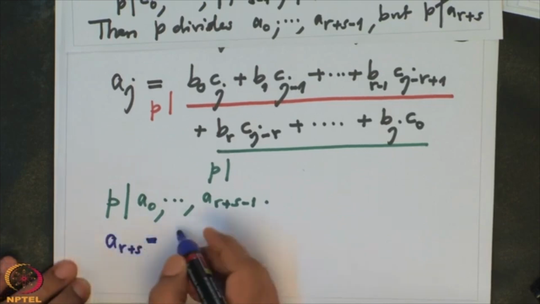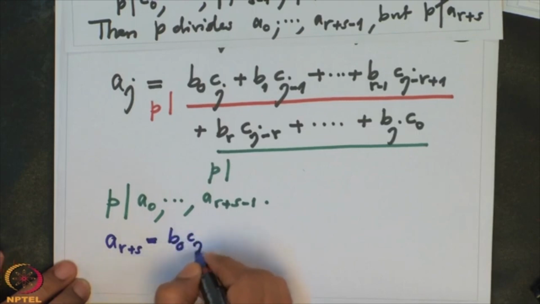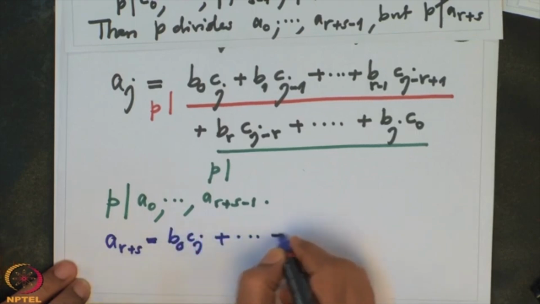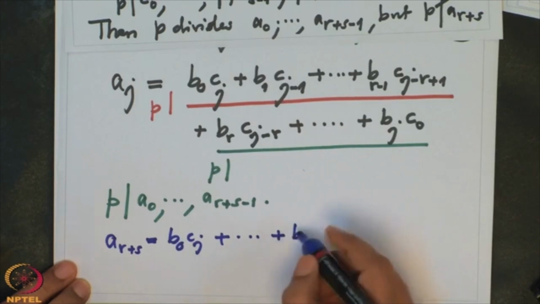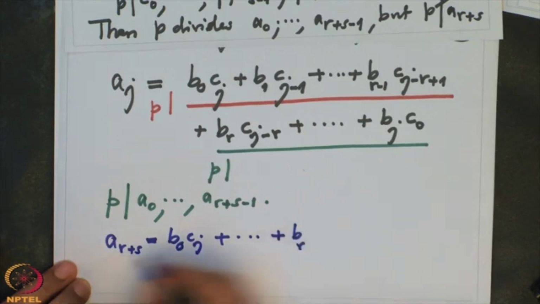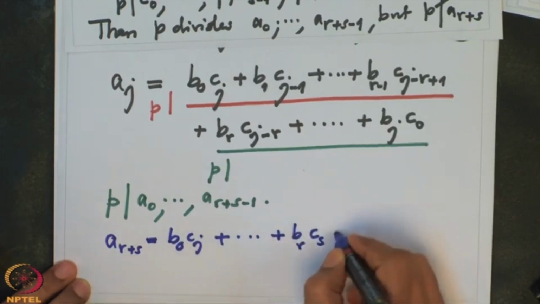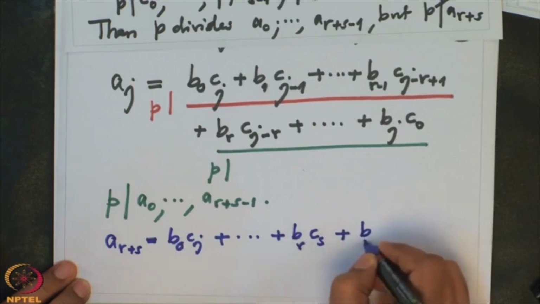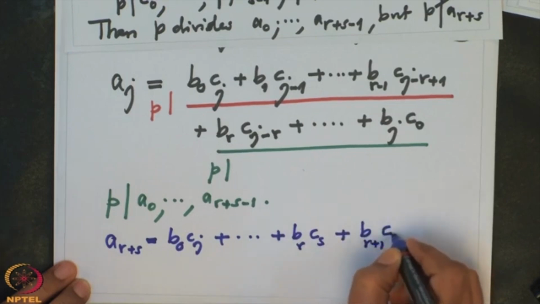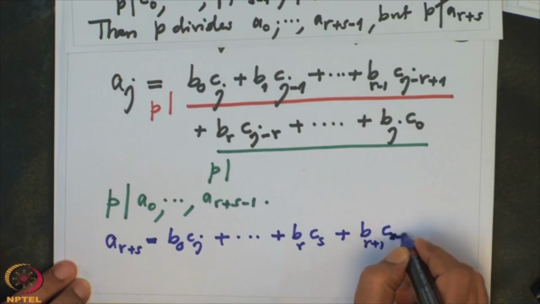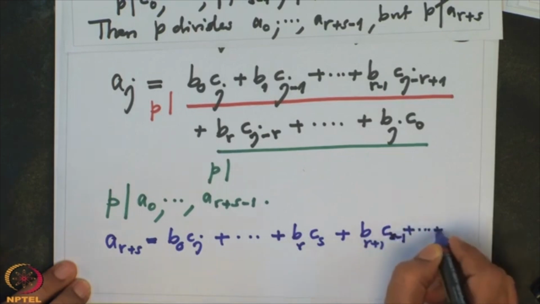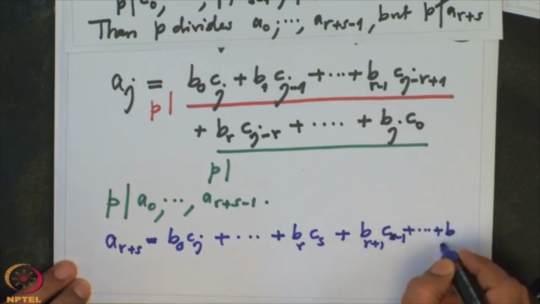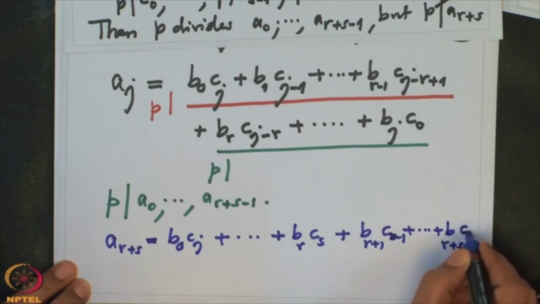This will be again b0 cj, and now it will go on till br. What will be the coefficient of br? That will be cs, and plus b(r+1) c(s-1), and it descends. So this is b(r+s) c0.